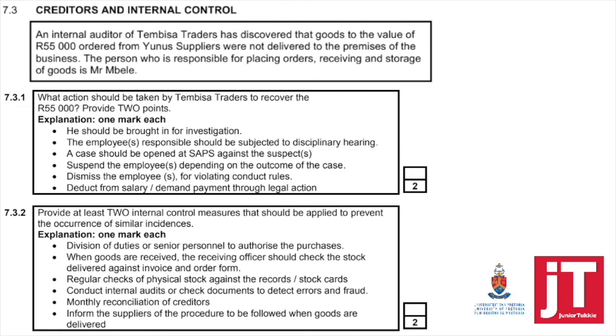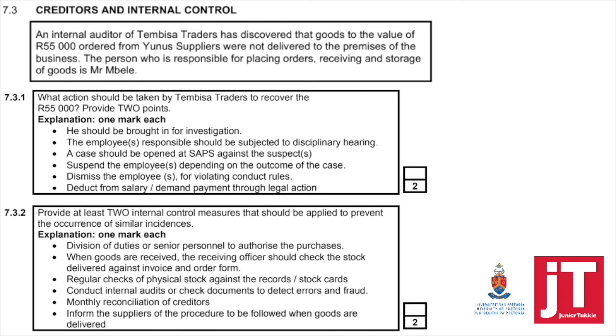Suspend the employee or employees depending on the outcome of the case. You can even dismiss the employee for violating the conduct rules, deduct from the salary, or demand the payment through legal action. So these are all possibilities. And what can we do to try to recover that 55,000?